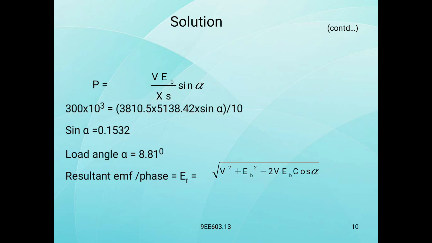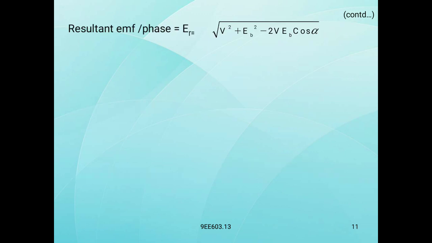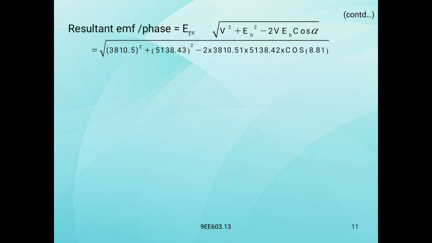Now the resultant EMF, Er, is equal to under root of V squared plus Eb squared minus 2 V Eb cos alpha. This is the formula for resultant EMF per phase.